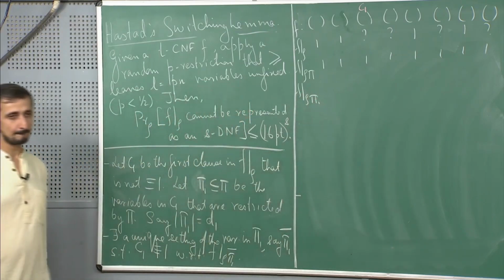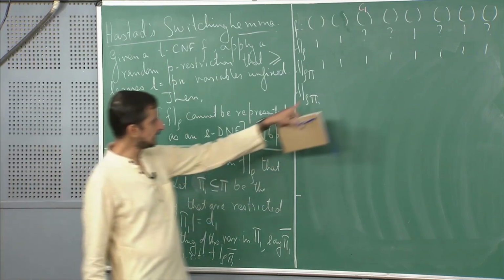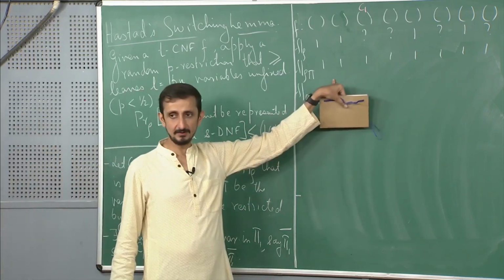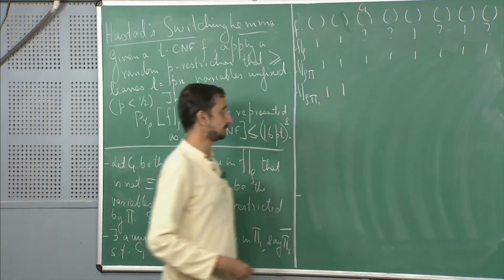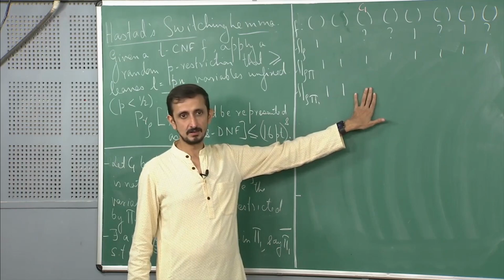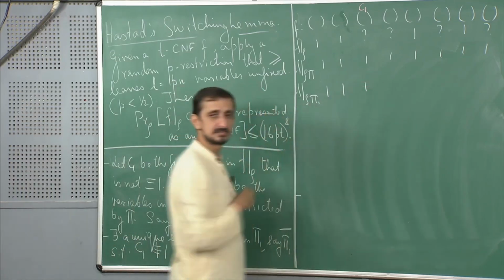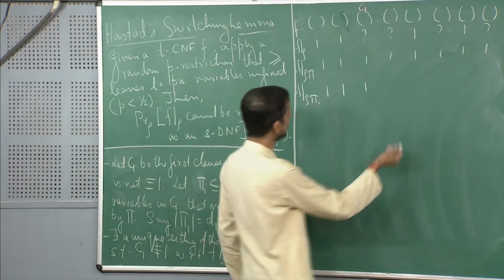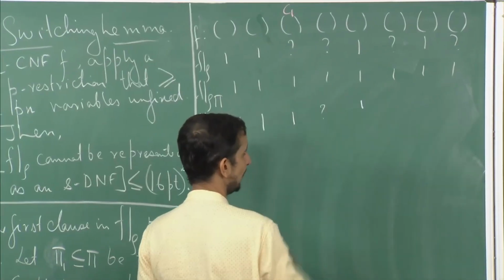What can I say? Everything that was 1 before has to be 1 because the same restriction applies. What can I say about C1? Huh? C1 becomes 1 just by the definition of pi 1.